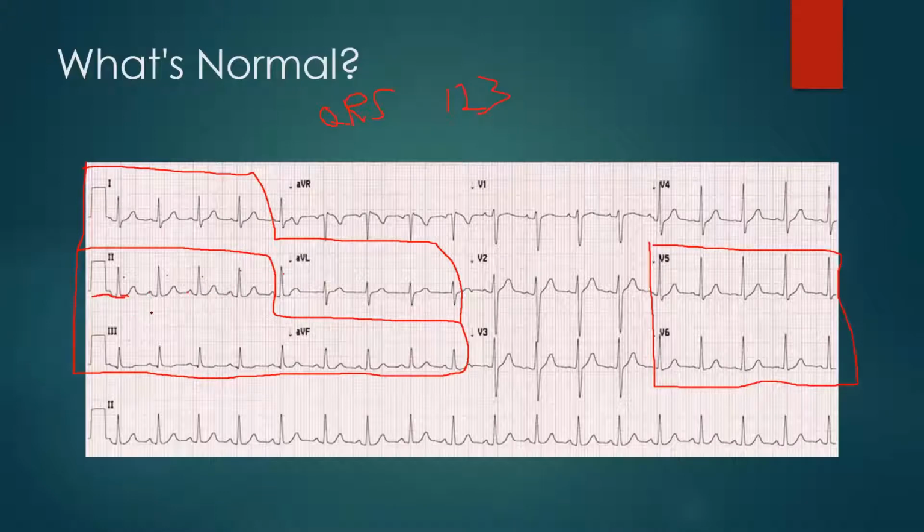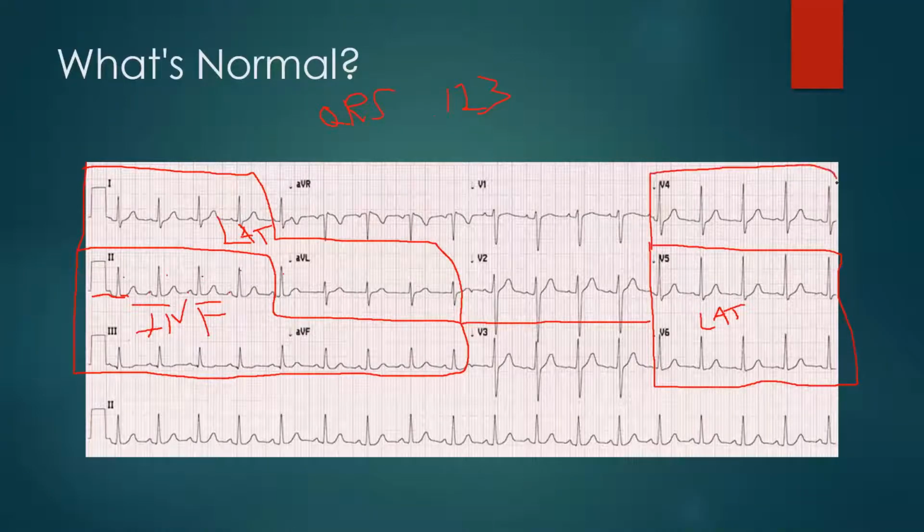So you have your inferior leads here and your lateral leads here. V3 and V4 are a group amongst themselves. These are the anterior leads.